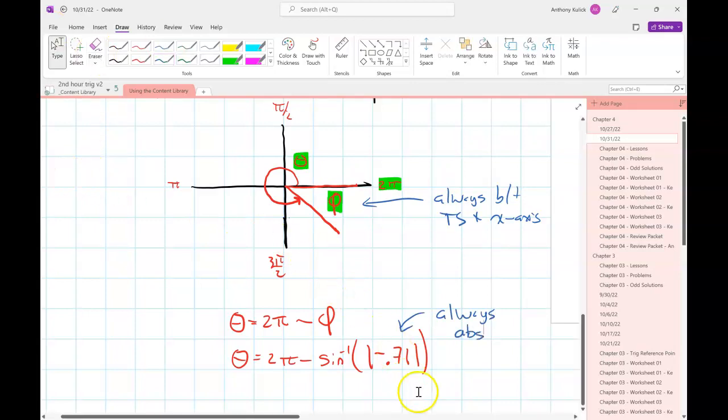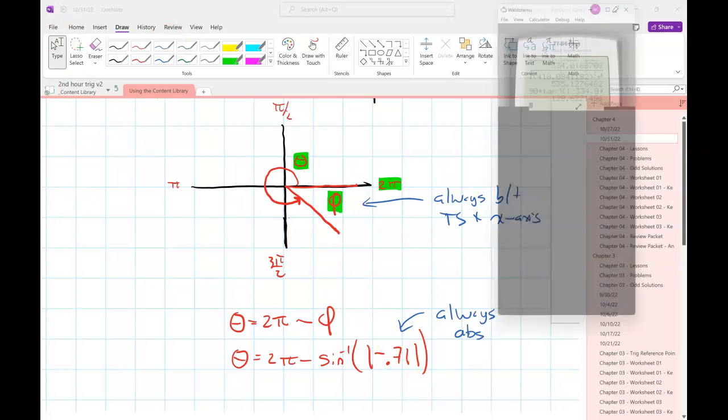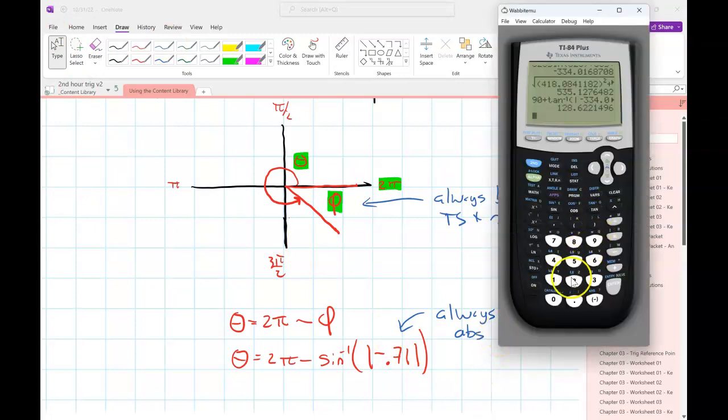So we're always going to do the absolute value, and we're just going to use whatever the inverse that we were given was. Now, on my calculator, am I going to bother to find the absolute value command, or am I just going to do the absolute value part in my head? I'm just going to do the absolute value part in my head, right? It's easy to just make something positive that was negative.